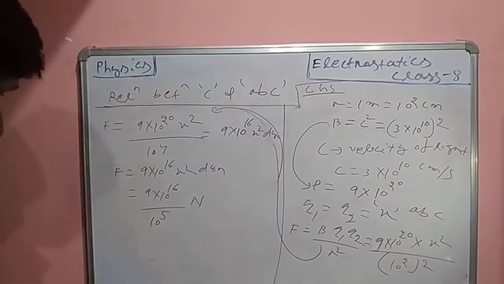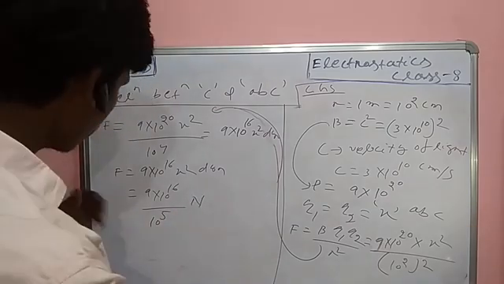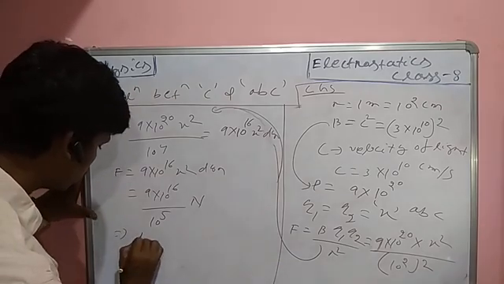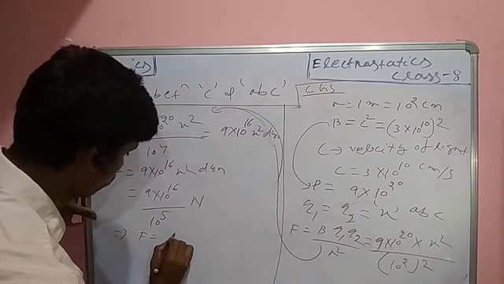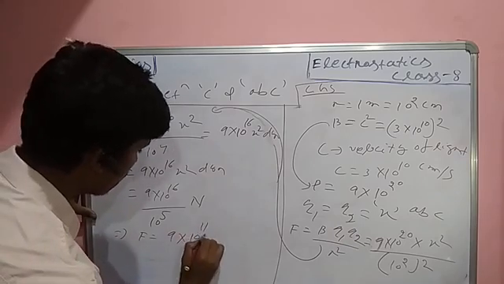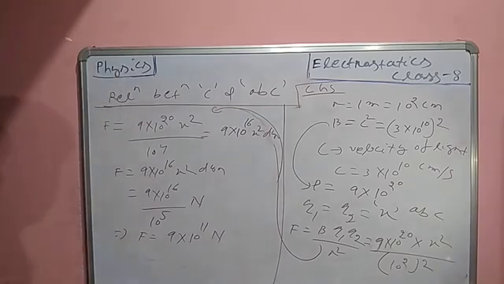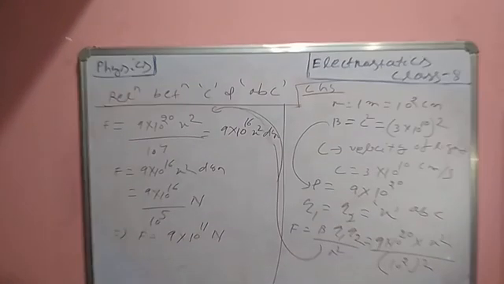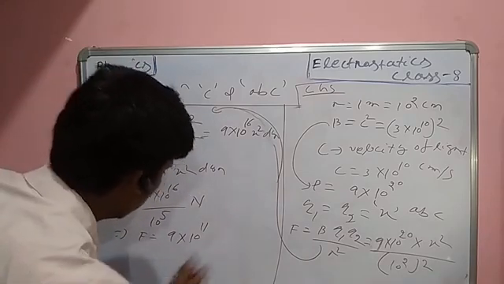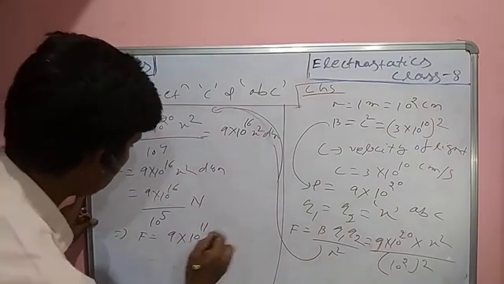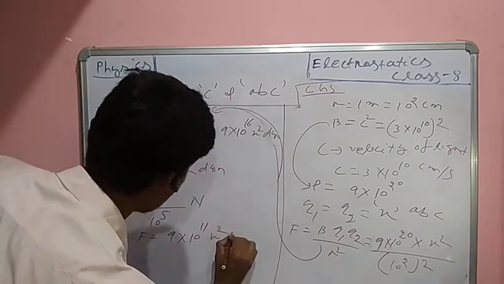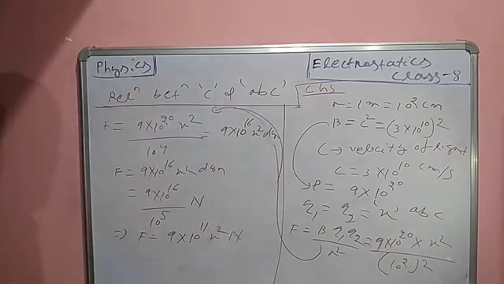So that is the value of force: F is equal to 9 into 10 to the power 11 Newton. So F is equal to 9 into 10 to the power 11 X square Newton. This one.